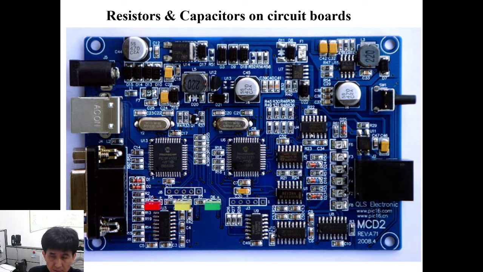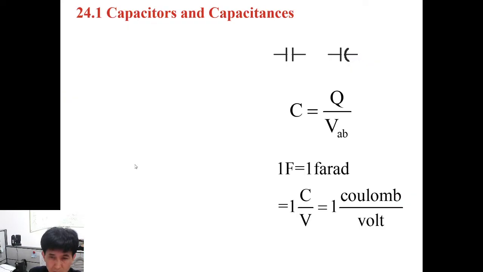So here and in the previous circuit board, you can see many resistors and many capacitors used, except for a few active ICs used in the board. And we'd like to take a look at what is the purpose and the characteristics of capacitors used in this kind of circuit board.